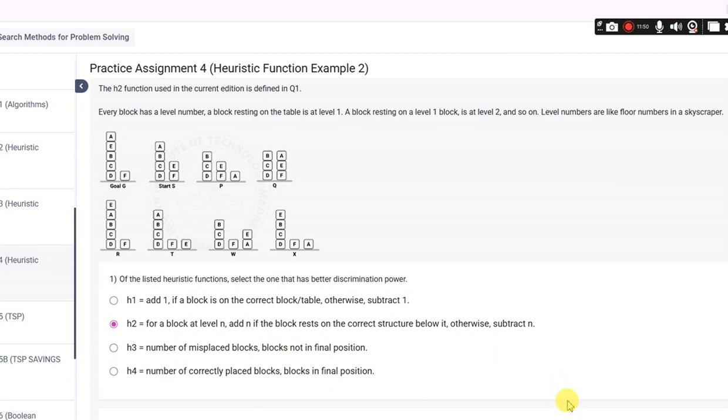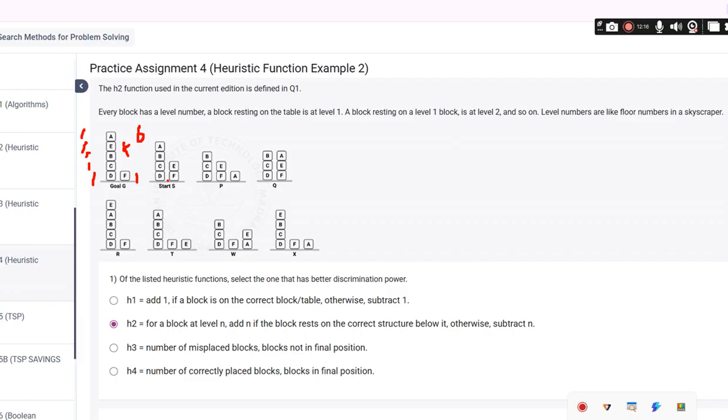Why? Add 1 if a block is on the correct block. For the goal node, every block is on the correct block because this is the goal state. So 1 for C, 1 for B, 1 for E, 1 for A, so 1, 2, 3, 4, 5, and F 1. So it will be 6.